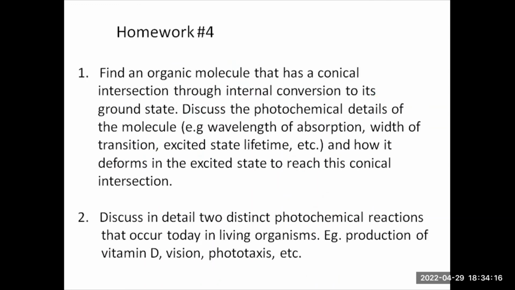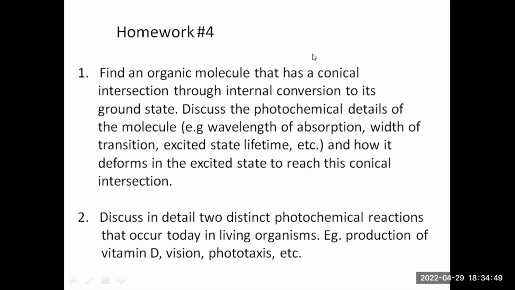Okay, so let me just go quickly through the homework, and then if there are any questions and we still have time, we can discuss. Homework number 4 is to find an organic molecule that has a conical intersection through internal conversion to its ground state. If you want to find one quickly, just look at the fundamental molecules, those molecules which are in the three domains of life. I have plotted those molecules on the spectrum of the UVC light arriving at Earth's surface. So take one of those molecules, not one that we have already covered, like adenine.